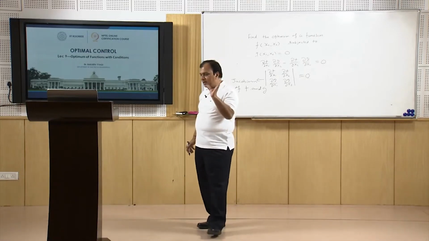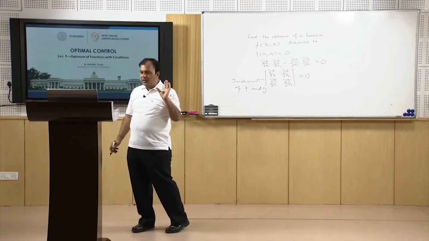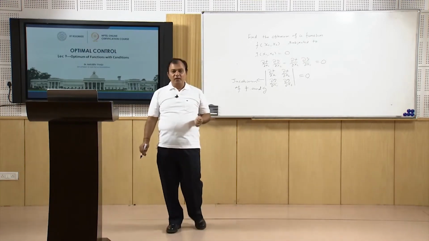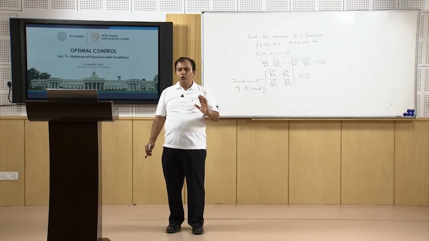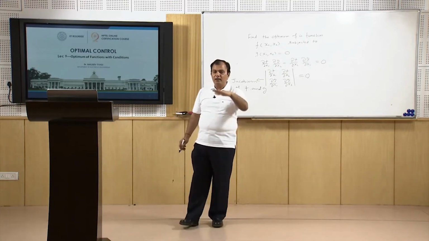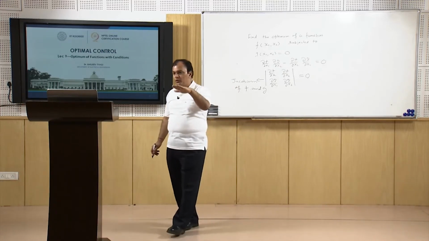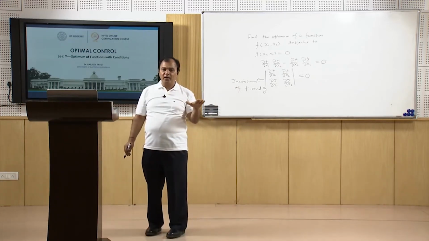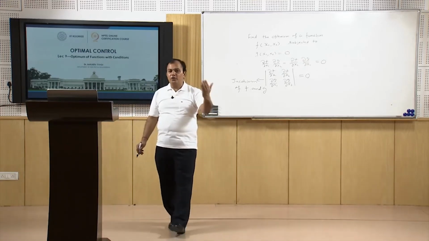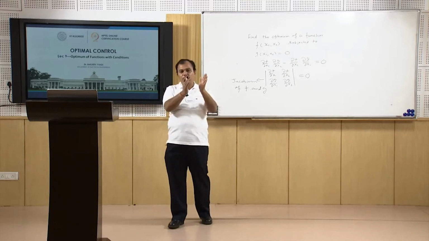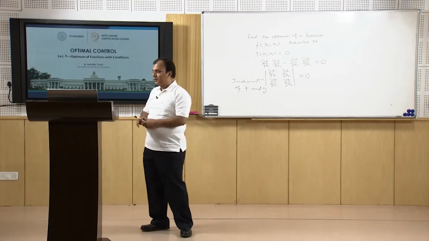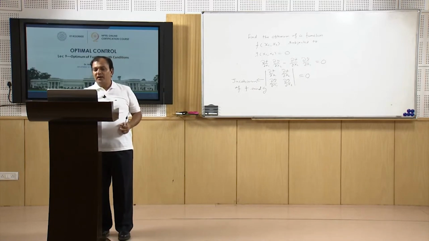So, what actually we have done, if a function is a function of two dependent variables, one is x1, other is x2, we can eliminate one of the variables using the other variable and place the value, because both the variables are related to each other. So, if we can find out one variable, we can find out the other variable also. That we will see in a very interesting problem.